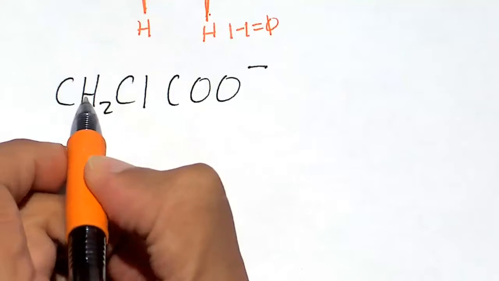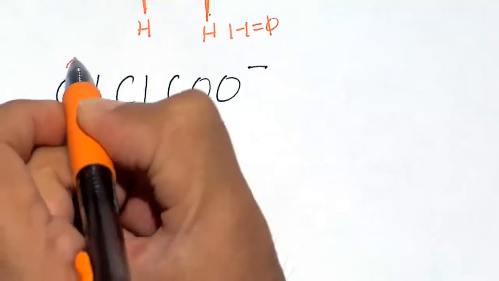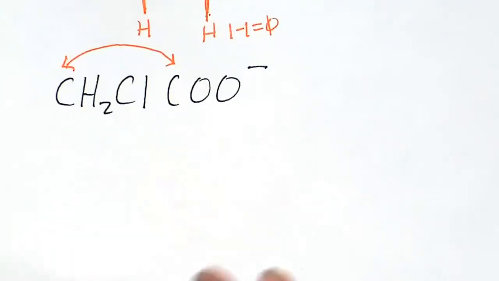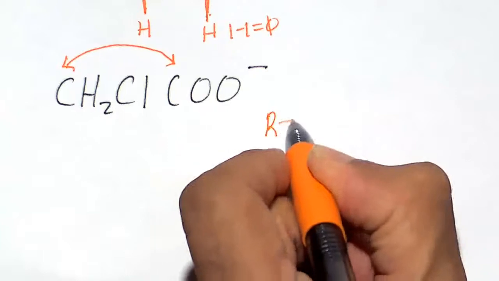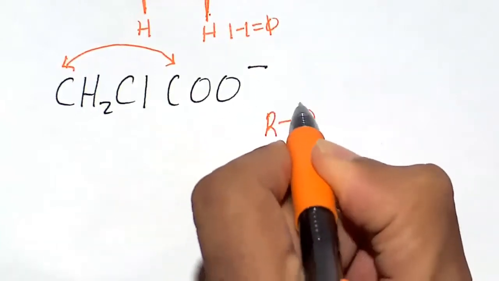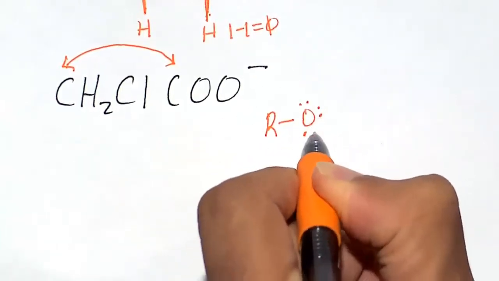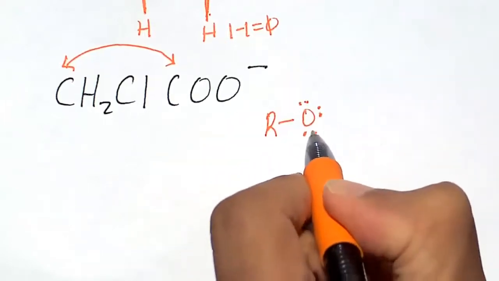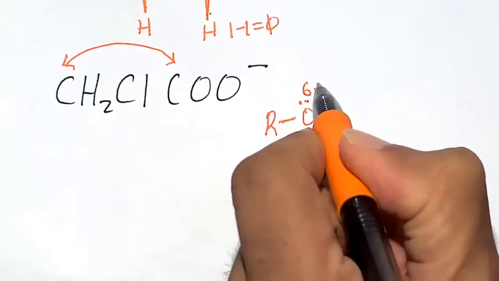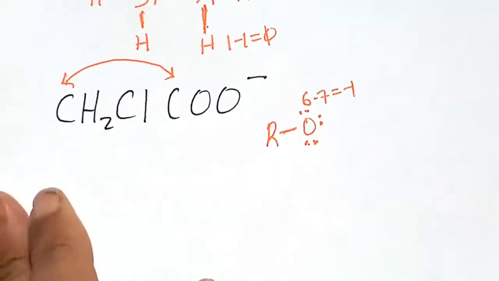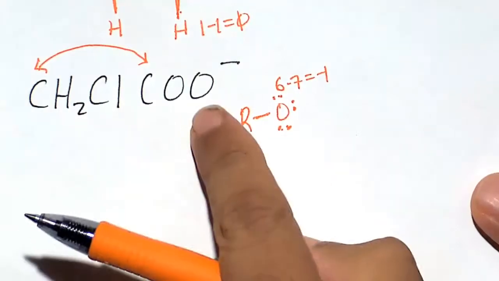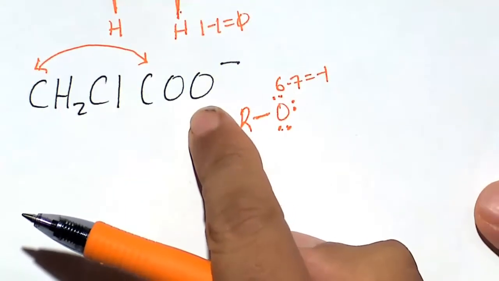So CH2Cl COO minus, carbon loves 4, and don't forget, oxygen with a minus formal charge usually comes in this incarnation where it's single bonded, right? So 1, 2, 3, 4, 5, 6, 7, oxygen happy at 6, 6 minus 7 is minus 1. So, and carbon loving 4, the single bonded oxygen will have a minus formal charge.